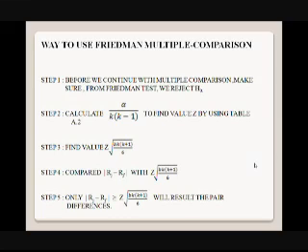Ways to use Friedman multiple comparison. Step 1: before we continue with multiple comparison, make sure that from the Friedman test we reject H0. Step 2: we calculate alpha over k times (k minus 1) to find the value of z by using table A.2. Step 3: find the value of z times the square root of b k times (k plus 1) over 6.